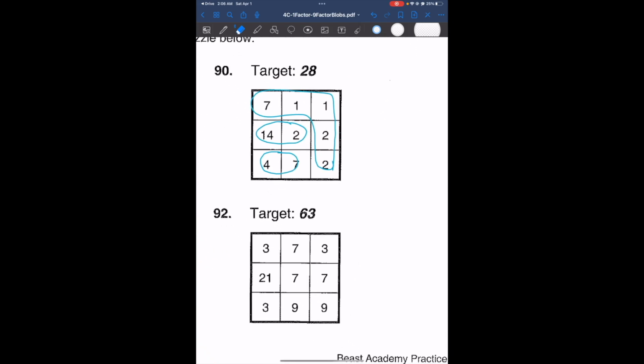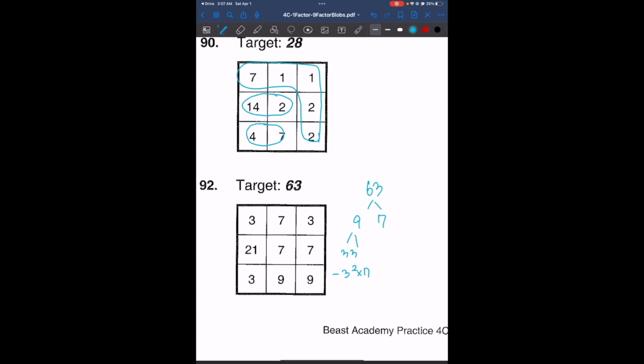Now we're going to look at problem 92. And so for problem 92, we're going to learn that we separate numbers that cannot be in the same blob with walls. So what this means is that, for example, for 63, we can do prime factorization into 3 to the power of 2 times 7.